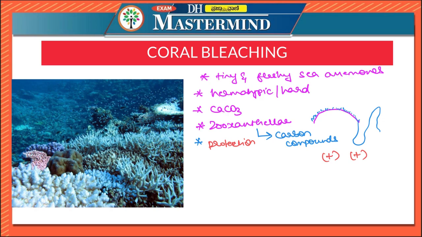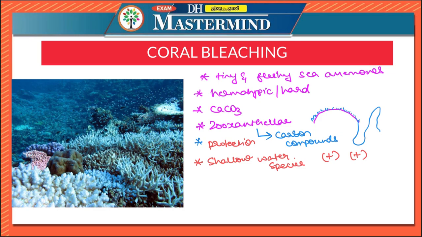One more important thing to be noted over here is that corals are shallow water species, usually not found in deep waters. A scientific explanation for this is that the zooxanthellae, as I have already told you, are photosynthetic. Since they perform photosynthesis, they require sunlight.